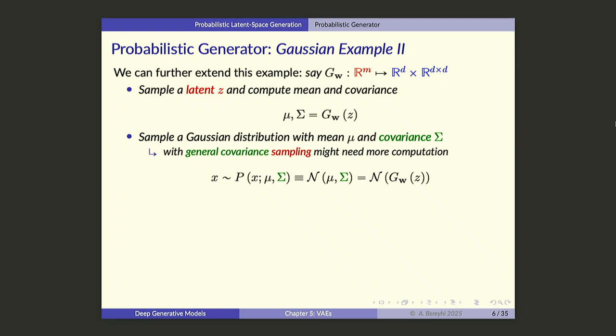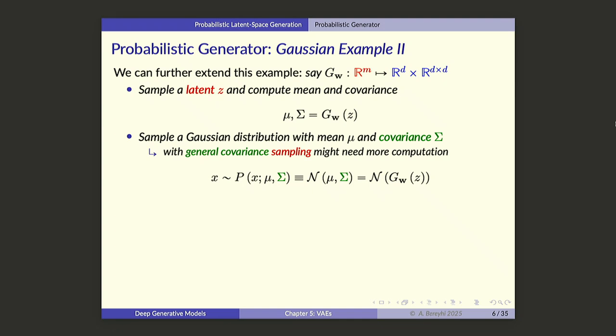If you'd like to check how you can do it, just a spoiler alert, you can use SVD. You can sample from IID and then use SVD to make it correlated. If you are interested, take a look. But at the end of the day, you can still sample from this distribution with just cubic complexity.